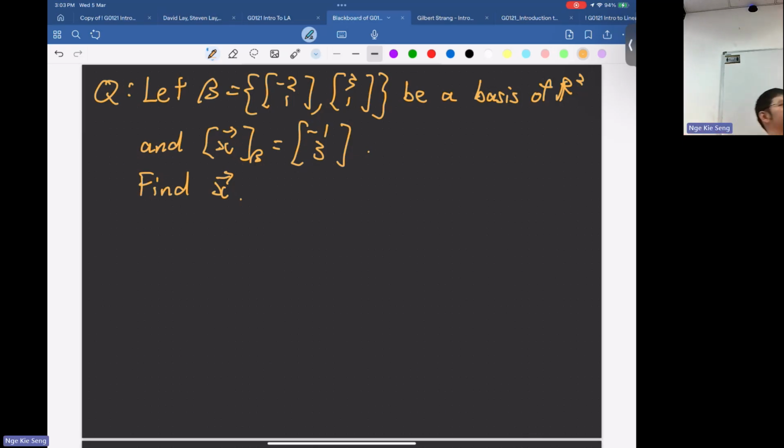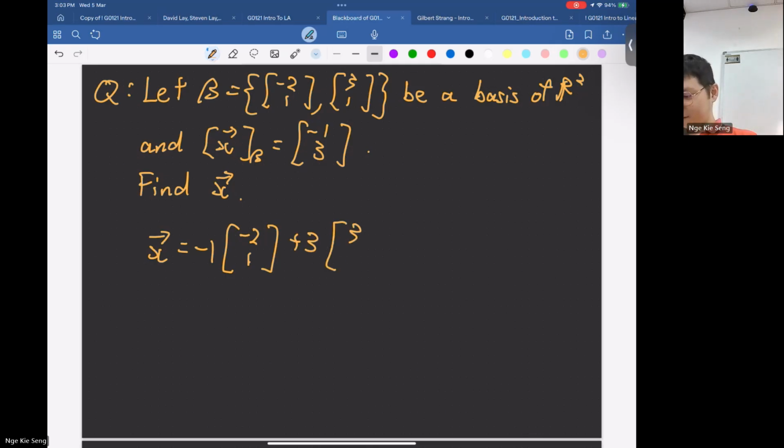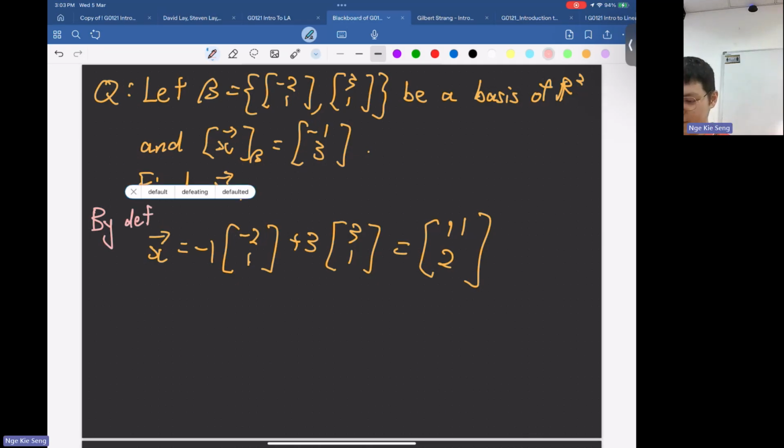Any idea? Edward? X equals -1. Okay, so you will get maybe 11, 2 like that. So this is by what? By the definition of the coordinate basis.